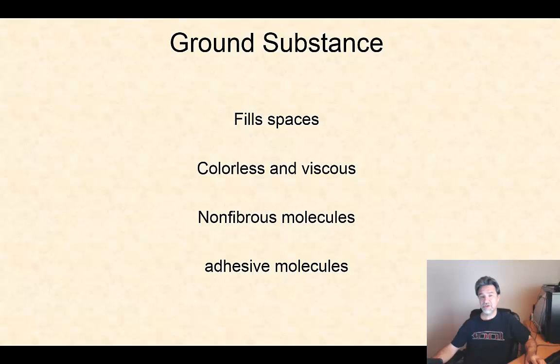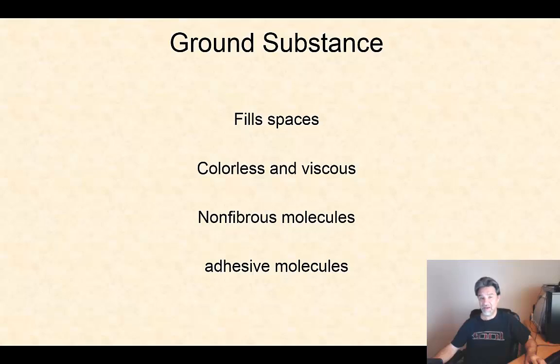There are, of course, many other molecules in here, these so-called non-fibrous molecules. Chondroitin. You'll know a lot more about it, especially if and when you have joint problems. So you may have heard of the supplements chondroitin and glucosamine. So chondroitin's found in ground substance. A component called hyaluronic acid is found there.